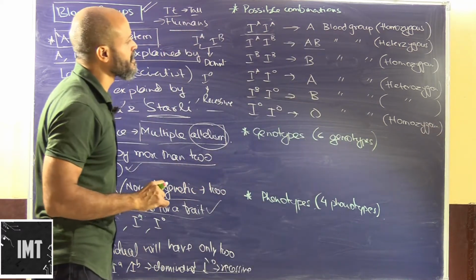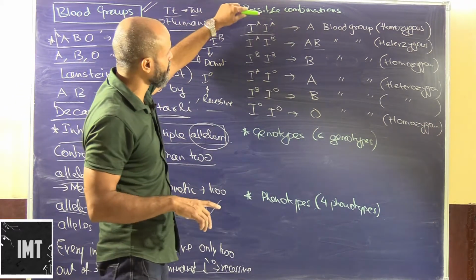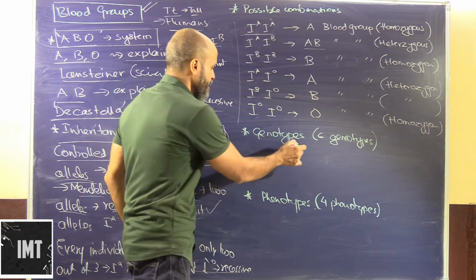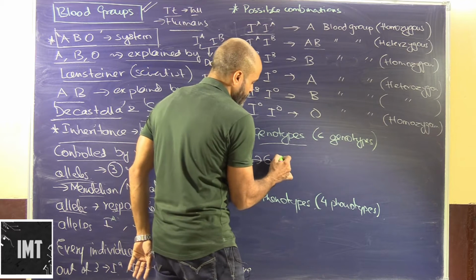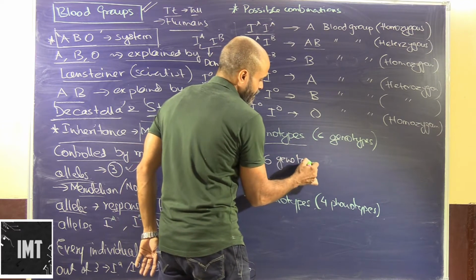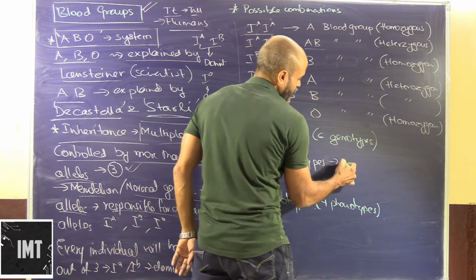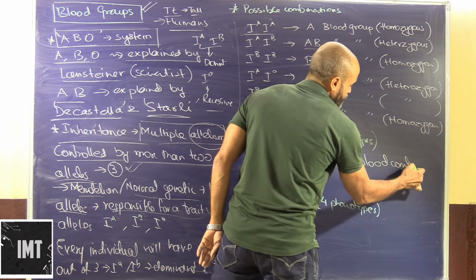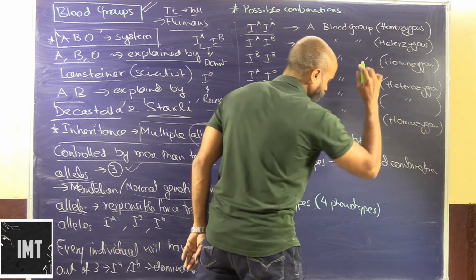If we look at the genotypes, all these are different genotypes. How many genotypes do we have? 6. So we have 6 genotypes of blood combinations.